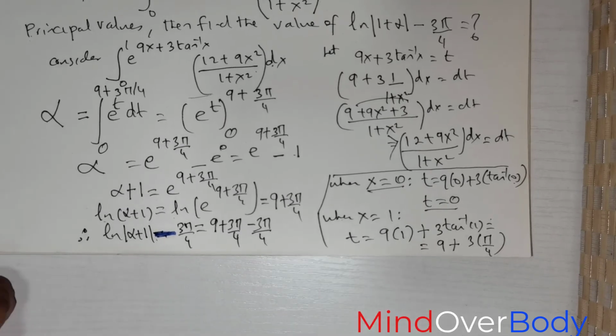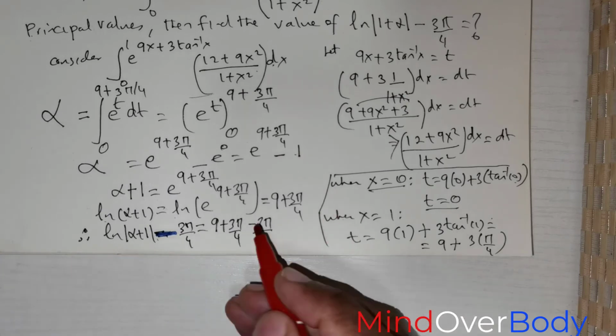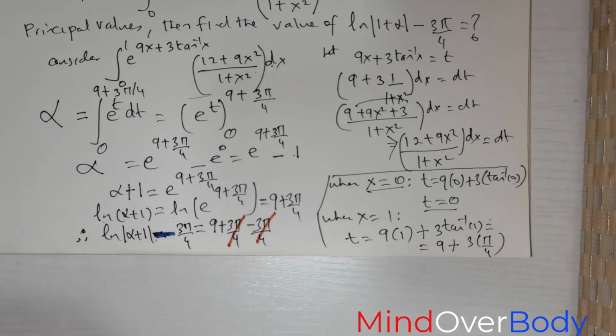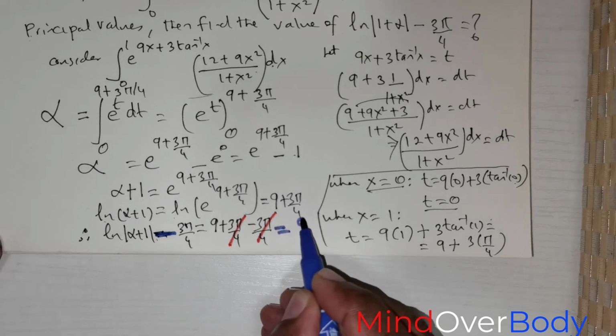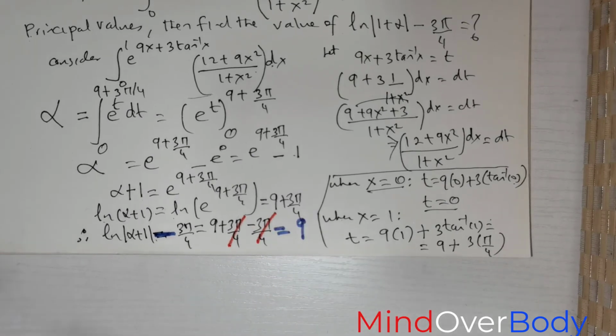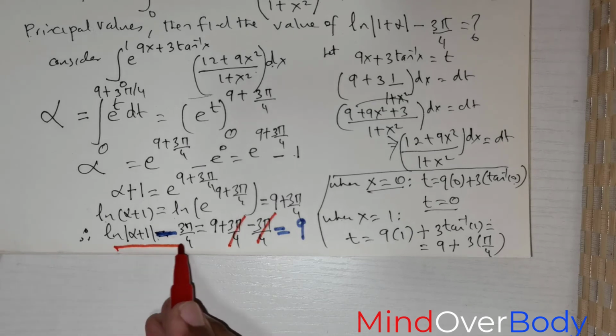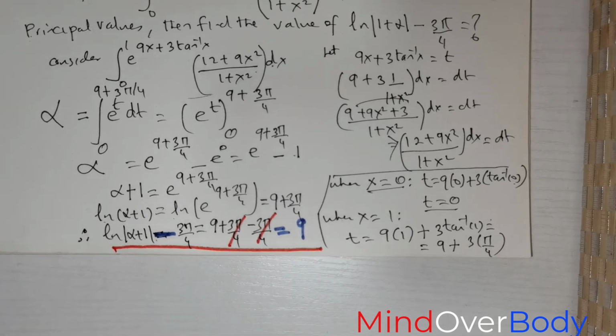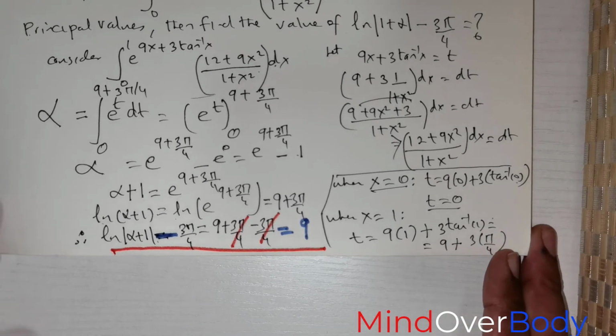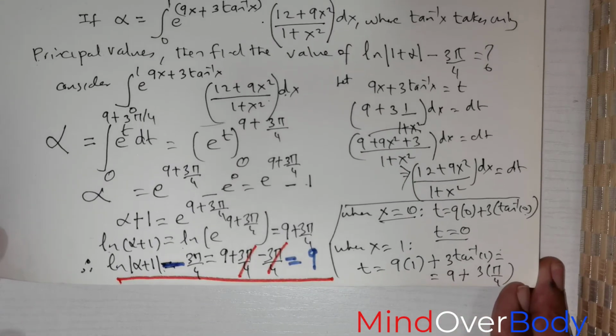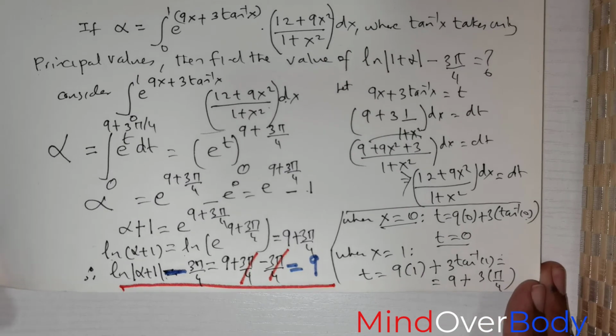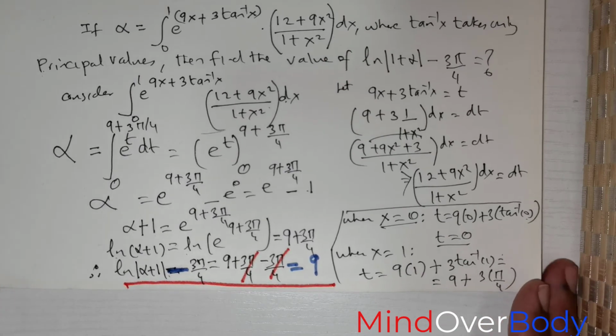So clearly 3 pi over 4 and 3 pi over 4 cancel, giving me 9. So this is the value, and we have achieved it in a beautiful fashion. That is the completion of this question, students. We will move on to the next question.